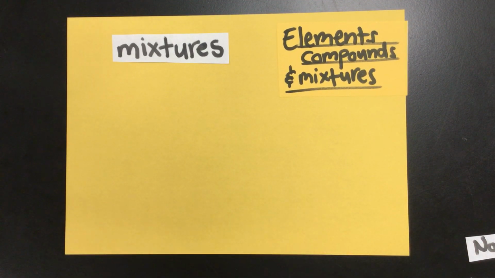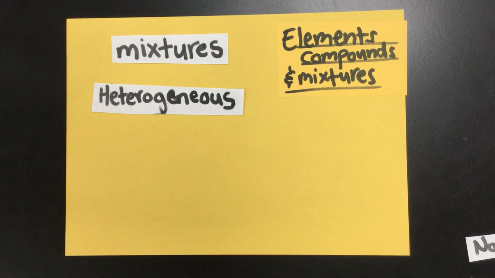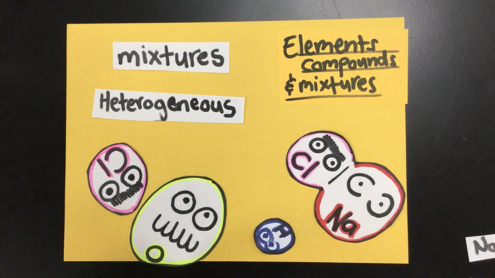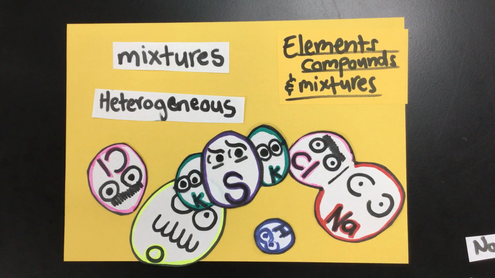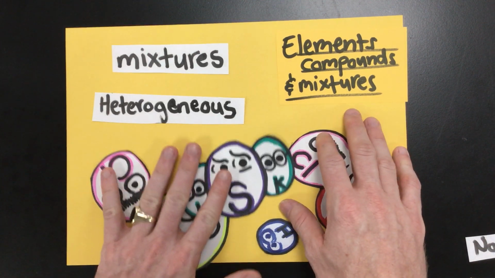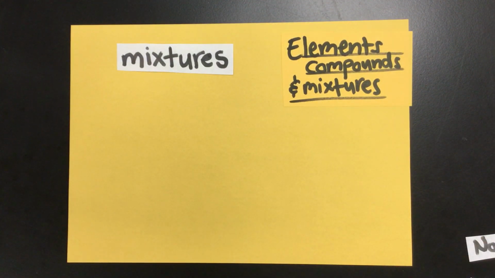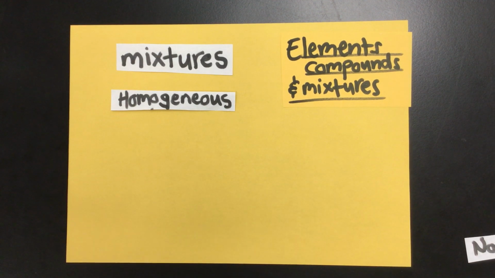My last example of that one was something called a heterogeneous mixture. That means all of the mixture is random and not the same. I'm not seeing a commonality. If, however, everything was uniform and nice and neat, I would make something called a homogeneous mixture.